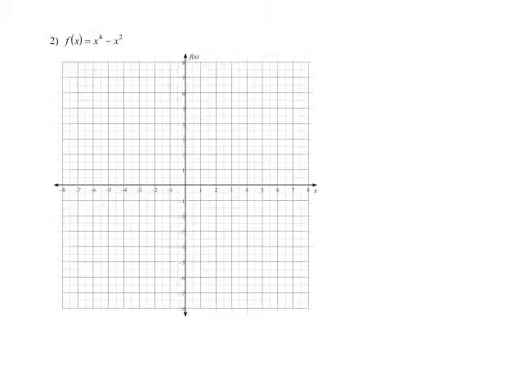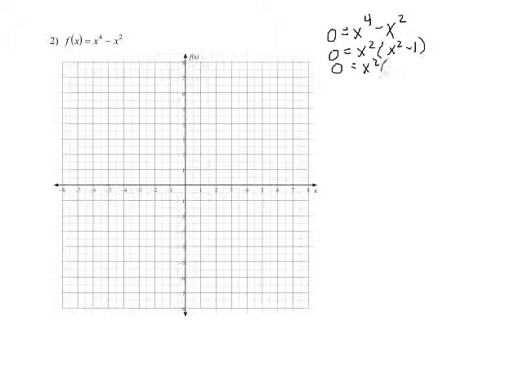Alright, the first thing we're going to do is find our x-intercepts. And x-intercepts occur when the function is equal to 0. So if I'm going to set this equal to 0, one approach would be to factor it. So I have x squared times x squared minus 1, or if I factor it completely, x minus 1, x plus 1.